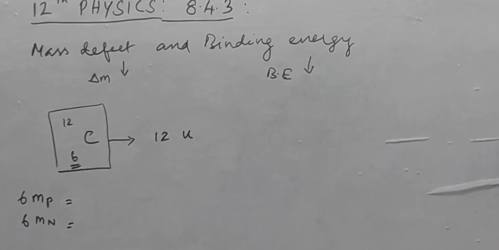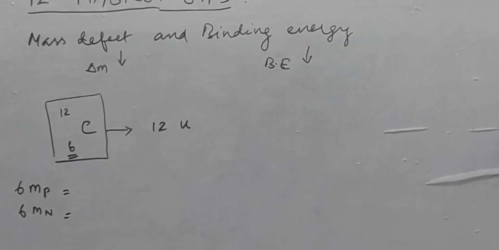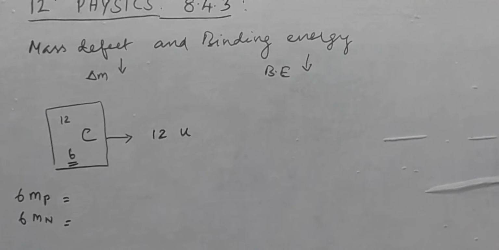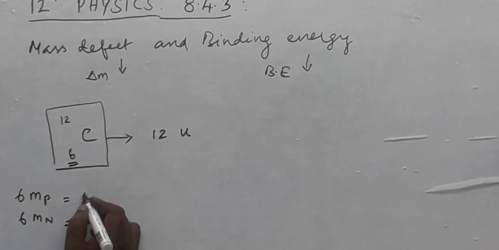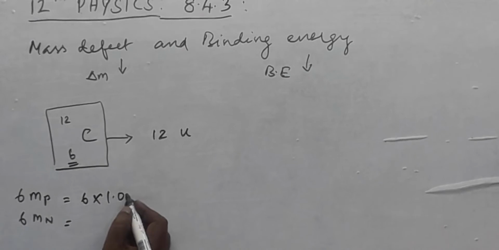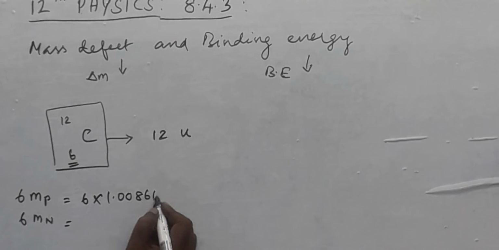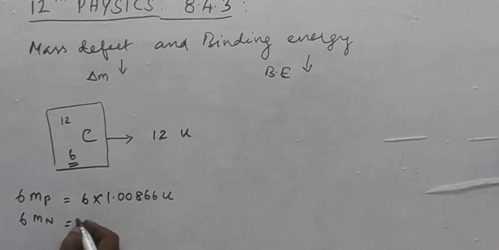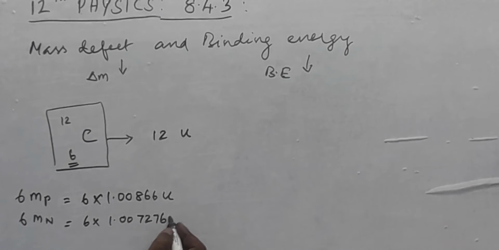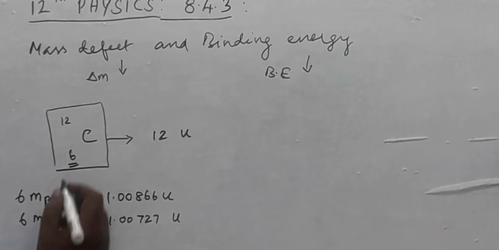MN is 1.00866 atomic mass unit, and MP is 1.00726 atomic mass unit. Now, there are 6 electrons.